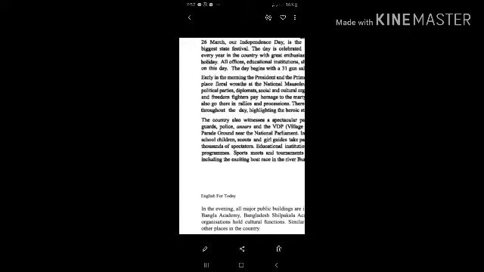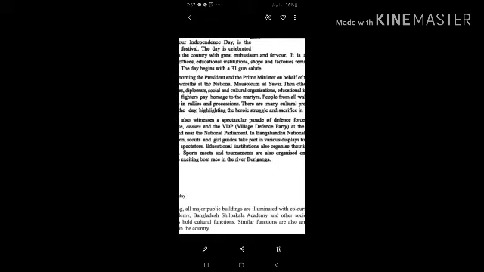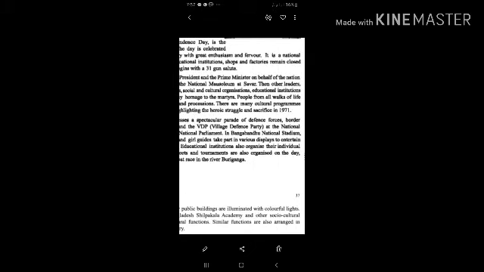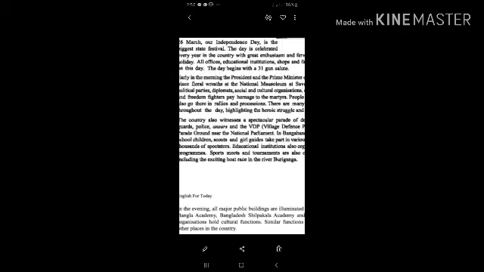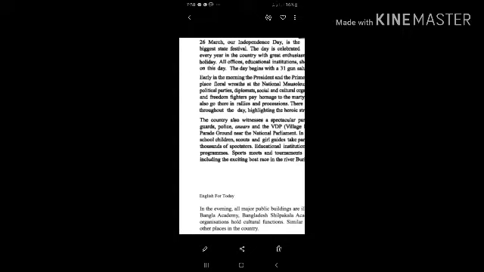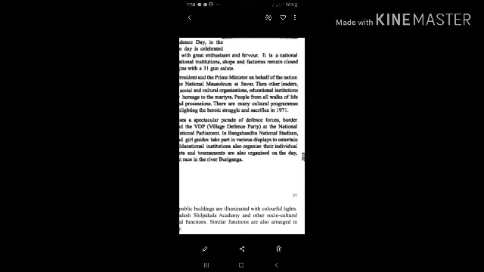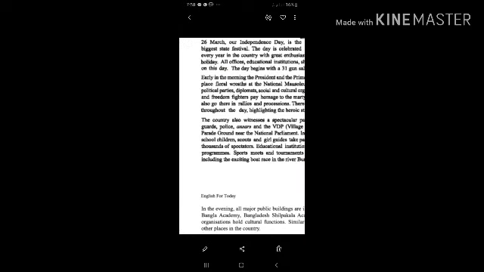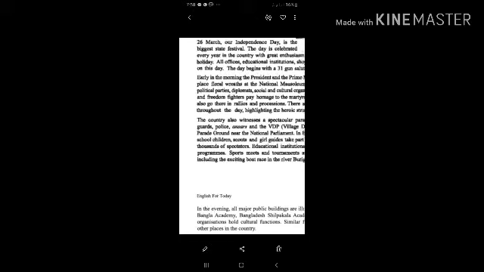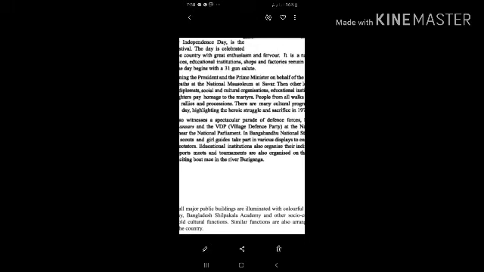The other leaders, political parties, diplomats, social and cultural organizations, educational institutions, and freedom fighters pay homage to the martyrs. Not only the president and prime minister, but also the other political parties, diplomats, organizations, educational institutions, and our beloved freedom fighters go to the national memorial to show their respect.